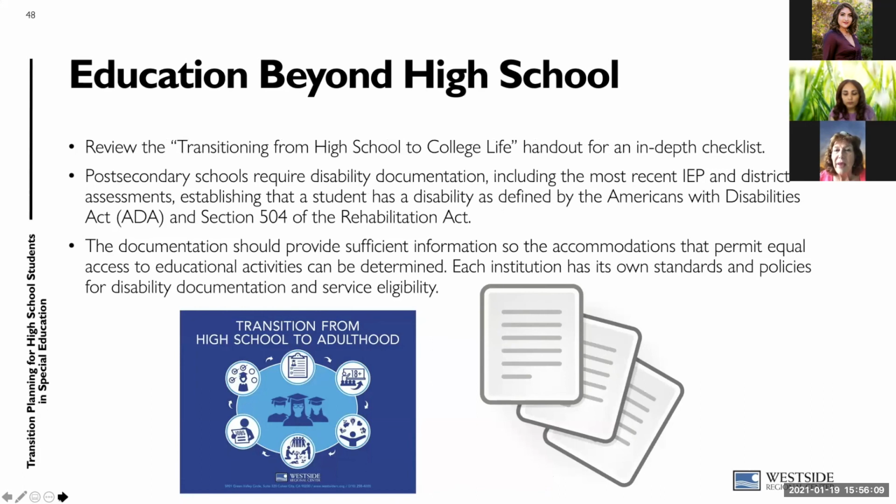So here we have our team, including Sandy, who has worked very hard to pull together the education beyond high school document. This has in-depth checklists, what documentation is required, and how to access your disabled student services at the community college campus. Ask your service coordinator for this booklet, or the Family Resource Center has the booklet, and it's also online.